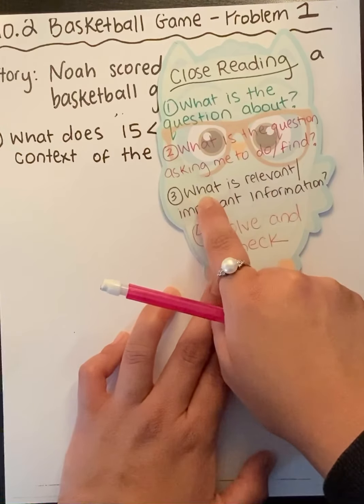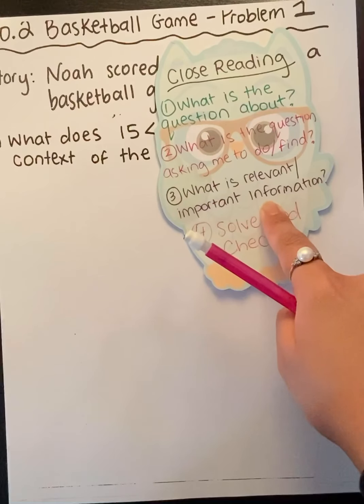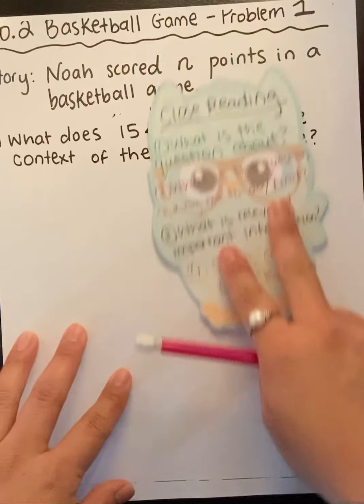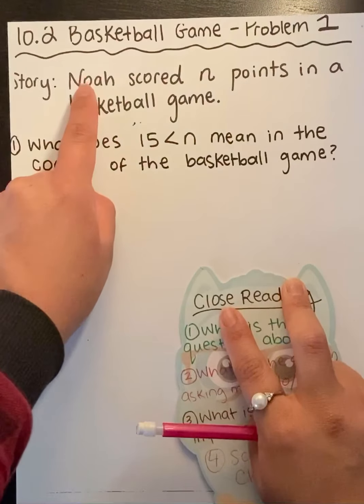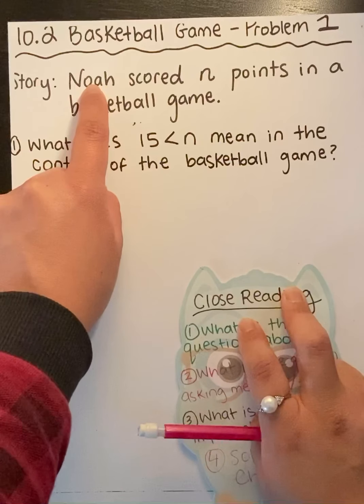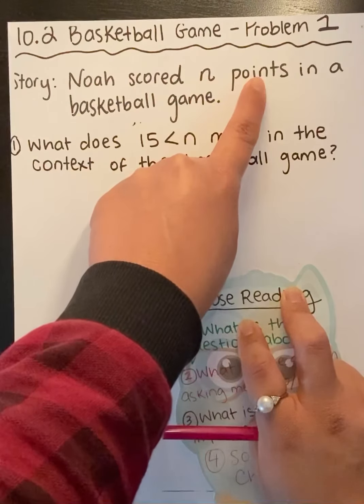The third question says, what is relevant or important information? We know it's about a basketball game. And it's important to note that there is a player named Noah who scored N points.